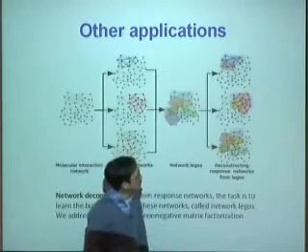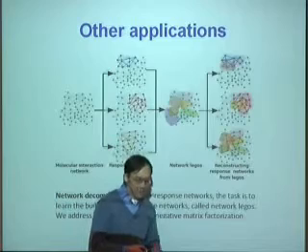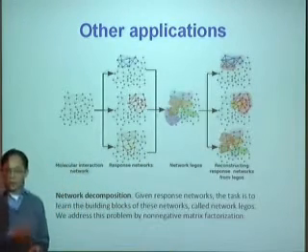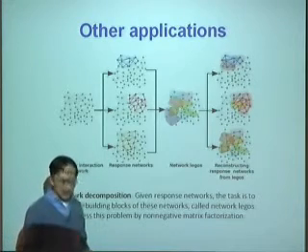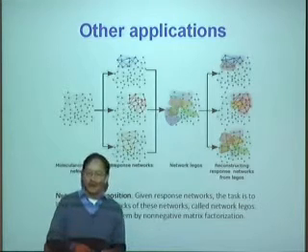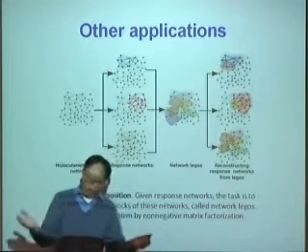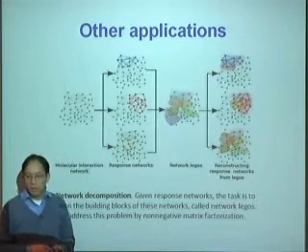And then you can use that to reconstruct the original network. The biological consequence is this. I can use that to identify potential pathways specific to particular cancers, and pathways that are common across several types of cancers. Because they are cancers, they have common features. So that's the biological implication.